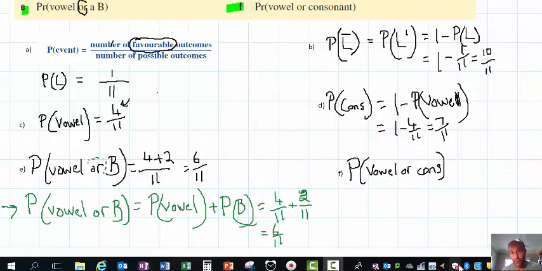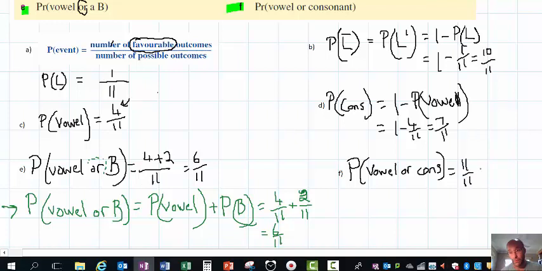In the last one, we've got to find the probability of a vowel or a consonant. So, two ways of looking at that. You can use your direct knowledge, you know that letters are either vowels or consonants. Therefore, that will be 11 over 11, which is 1. That's a certainty, isn't it? Because if you do choose a letter, it will be a vowel or a consonant, so that is a certainty. You could look at doing it the same way here.